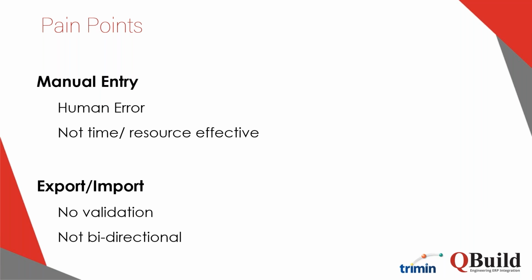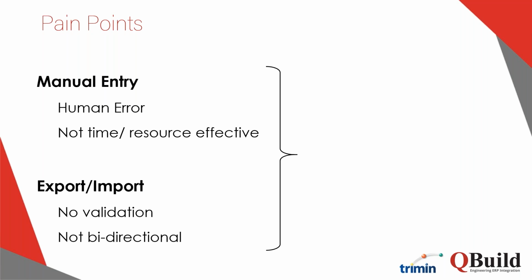And next, the import-export method or the blind push. An automated solution like CADLink will have that data validation built in, and it also is bidirectional, which the blind push did not have. So these are all pain points and challenges that solutions like CADLink really aim to resolve and make your process even better and more efficient.